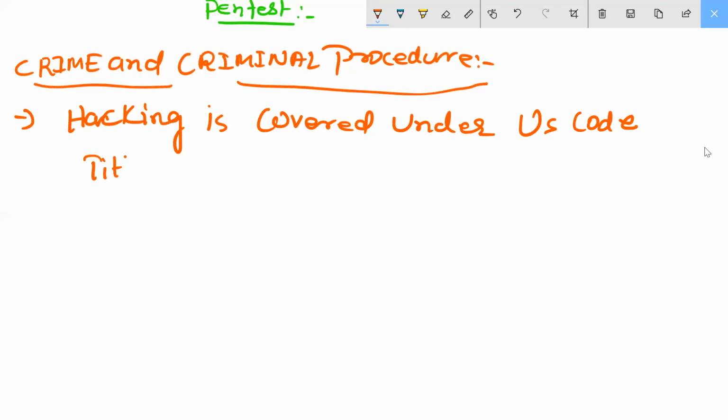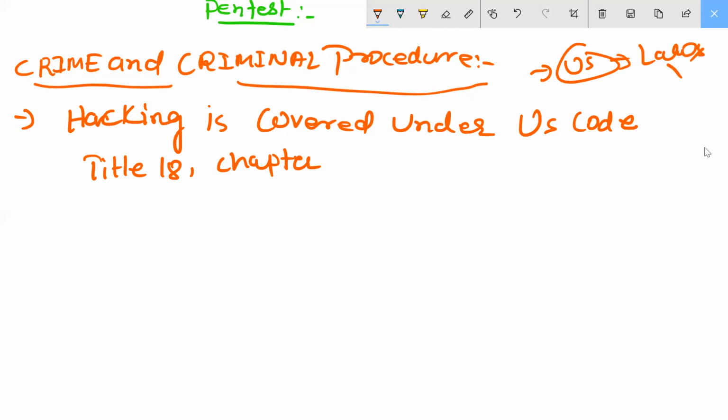We all follow the US laws, always remember, US laws. Even in our CISSP, we are covering more and more laws from the US. So Title 18, that chapter we have here. Chapter is our 47.